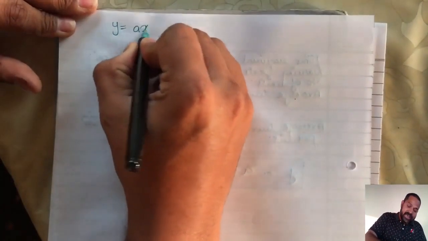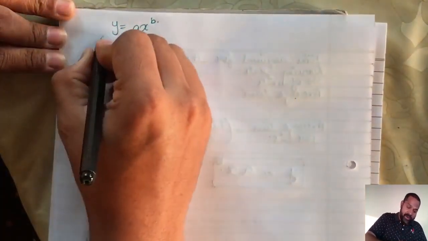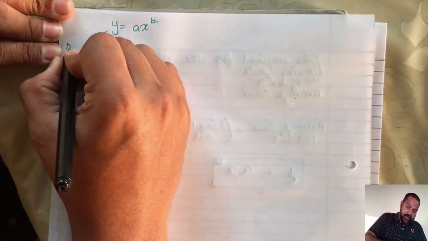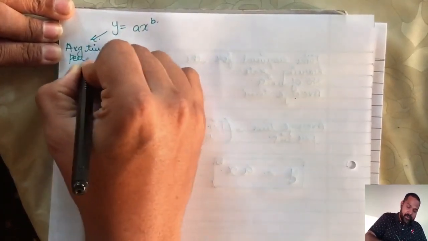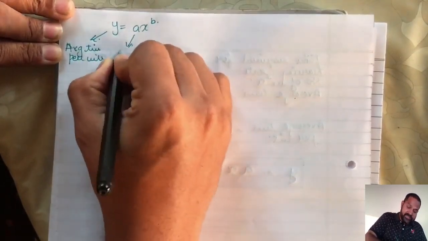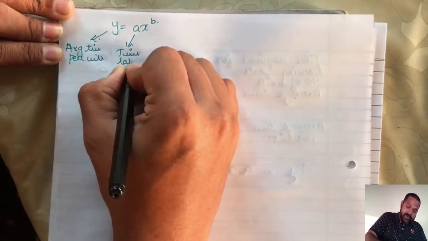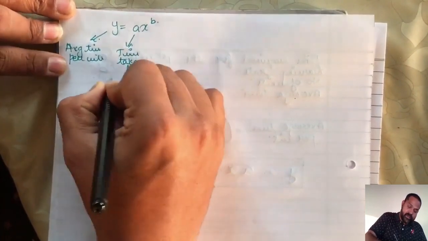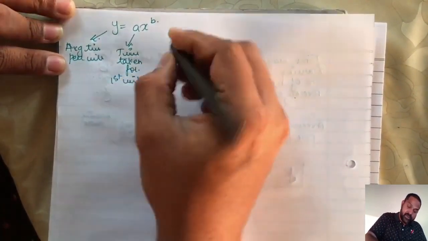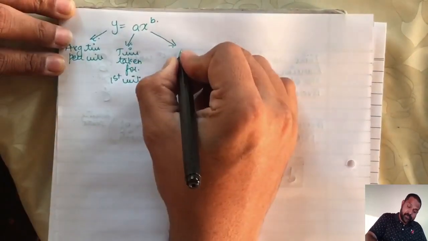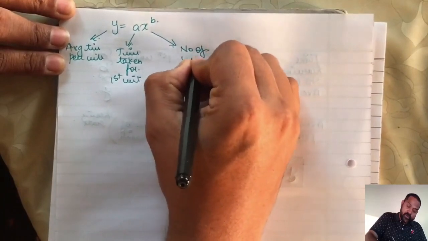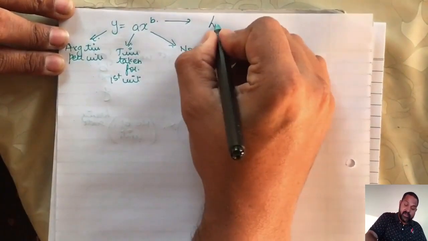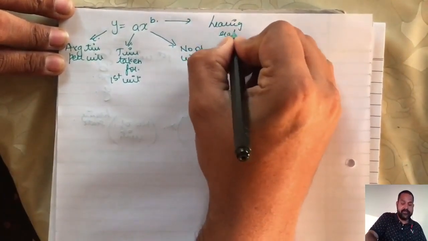My learning curve model is Y is A X raised to B, where Y is the average time per unit, A is the time taken for the first unit, X is the number of units, and B is the learning rate.